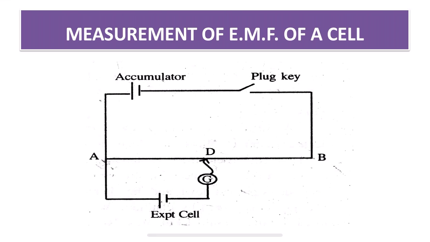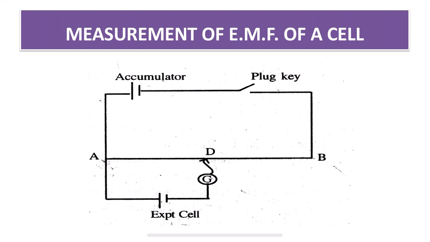At A, we have connected a potentiometer, and the positive of an accumulator is connected to this. The negative terminal is connected to the end B through a plug key, and this forms the primary circuit.